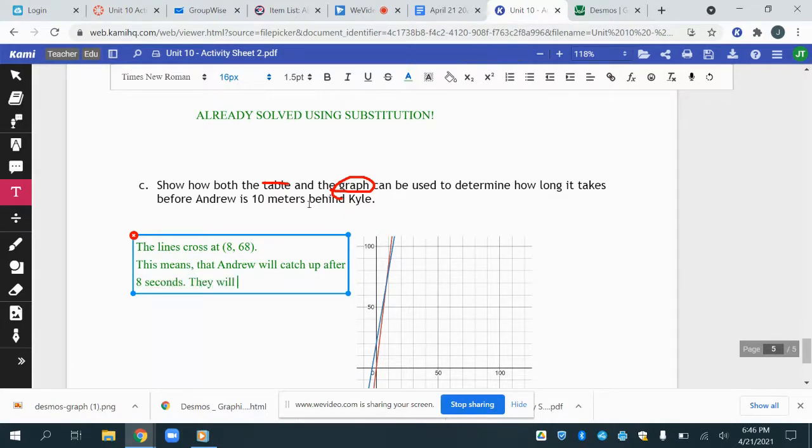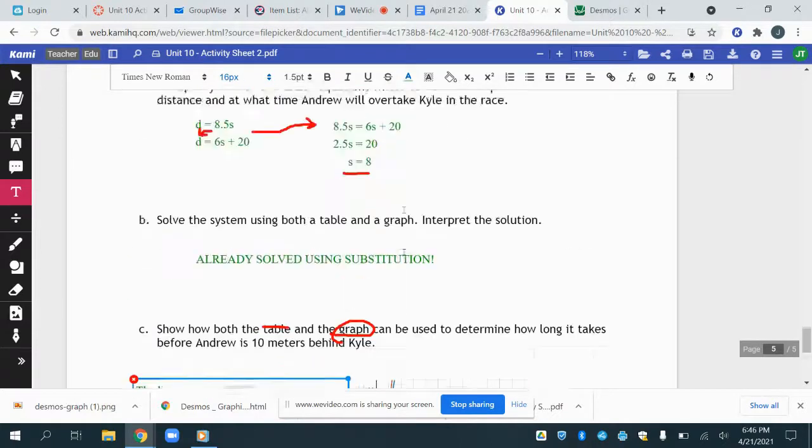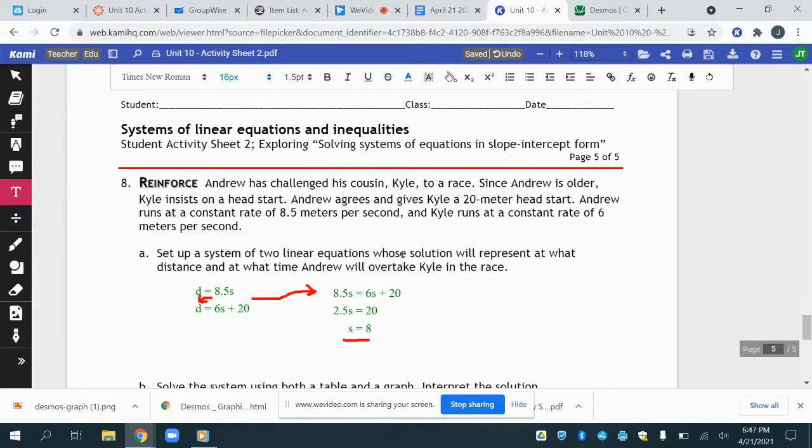They will be 68 meters from the starting line. And there we are. We just did that. Now it's trickier if he got a 20-second head start, but he gets a 20-meter head start.